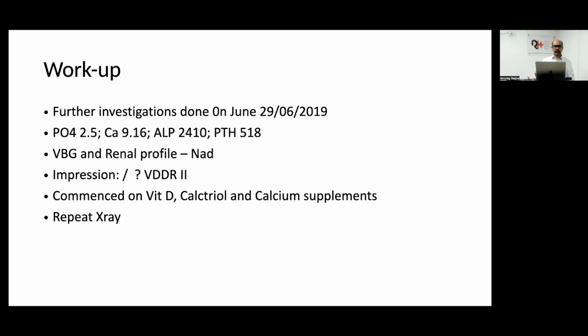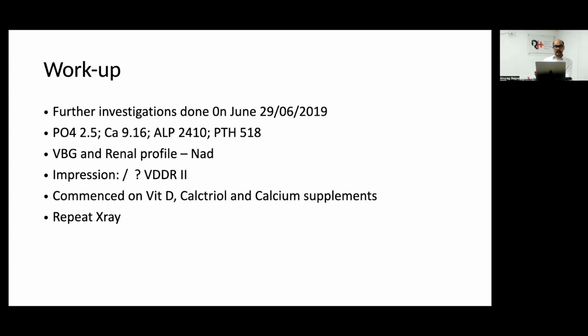Now, further workup was done on 29th of June, where phosphate was 2.5, it was on the low side, but calcium was higher, 9.16. Alkaline phosphatase still high, and PTH was 518. His renal blood gas, renal profile, they're all normal.